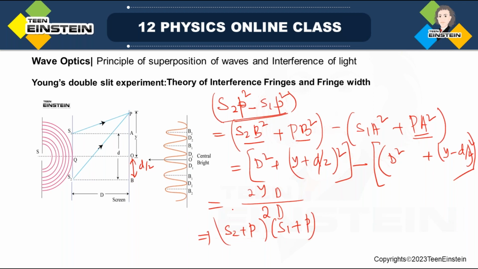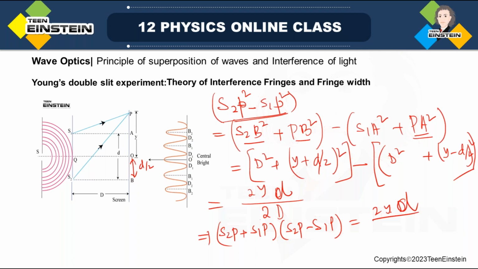Okay, so we can write S2P plus S1P into S2P minus S1P is equal to 2yd, this is small d actually.